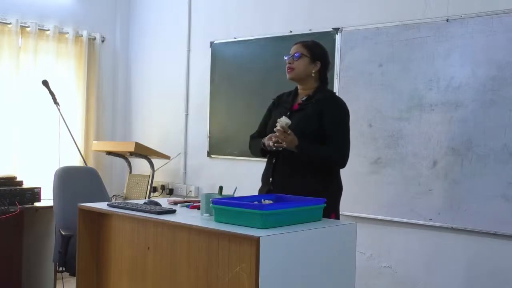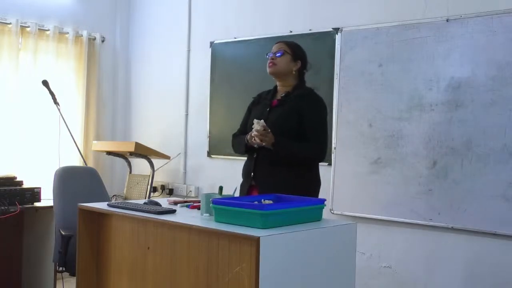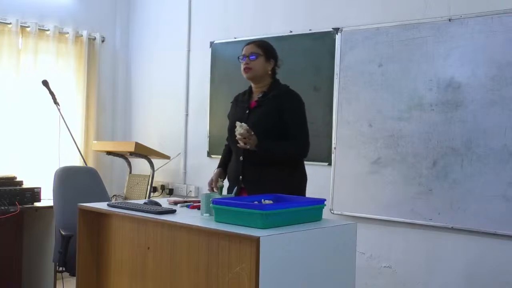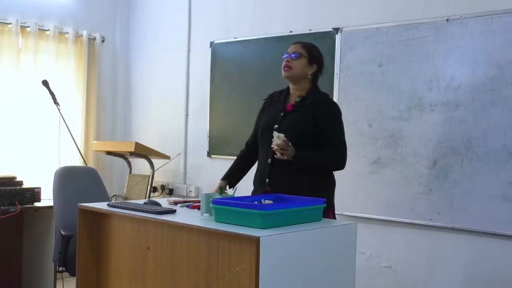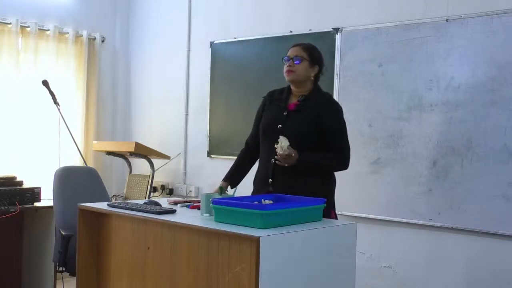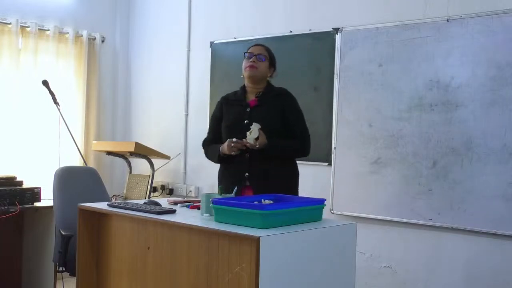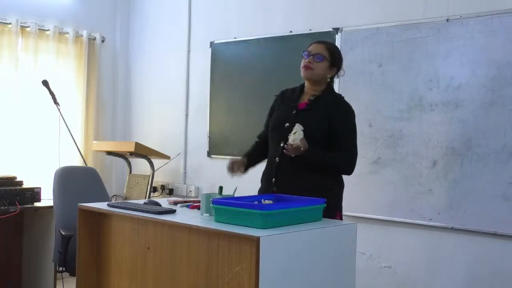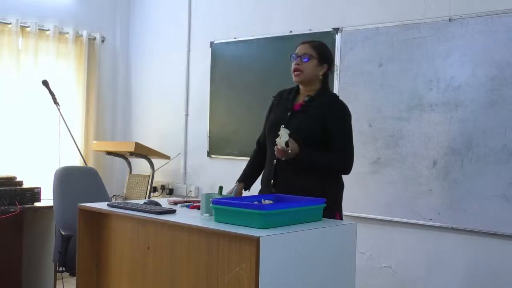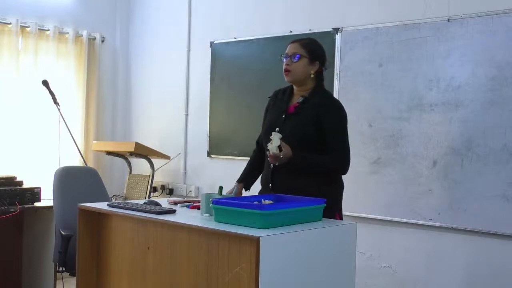Occulta means something is not seen from outside, occult. Okay, so write it down, spina bifida occulta. If the part of the spinal cord is not seen from outside in case of spina bifida, that is known as spina bifida occulta.